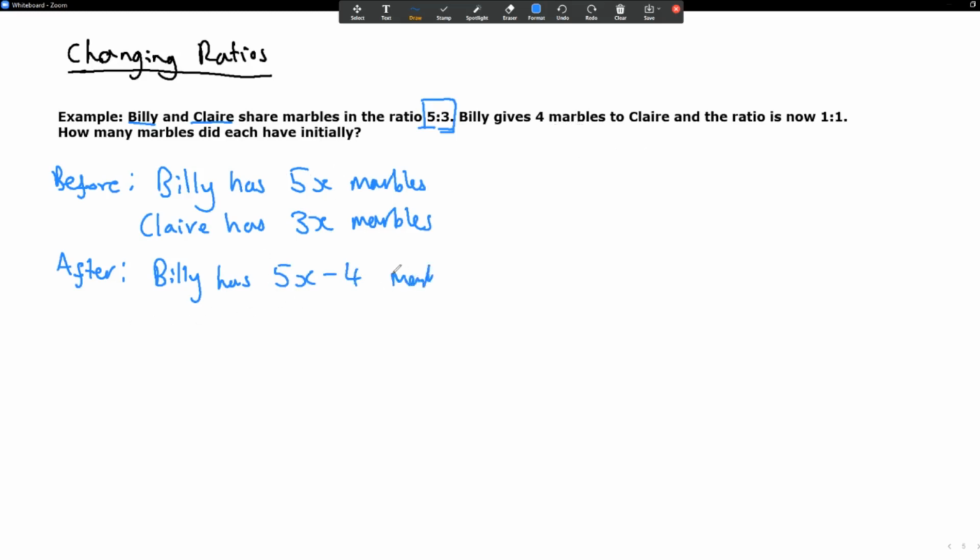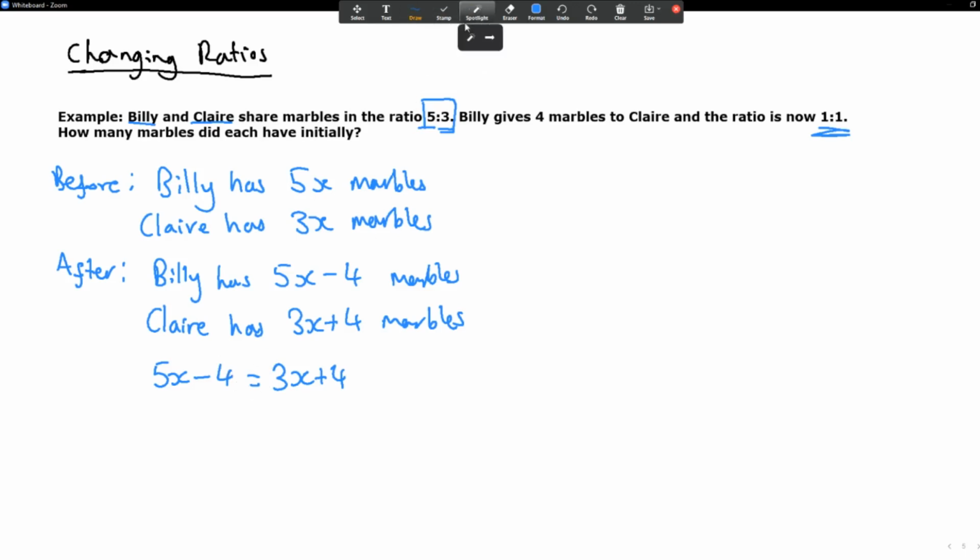So now he has 5x minus 4, and Claire has gained 4 marbles. 3x plus 4. So her old amount increases by 4. And now we know the ratio is now 1:1. So we know that 5x minus 4 is equal to 3x plus 4. Because a 1:1 ratio just means they're equal to one another.